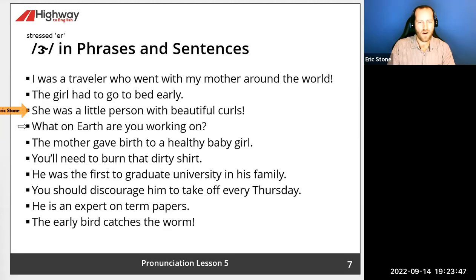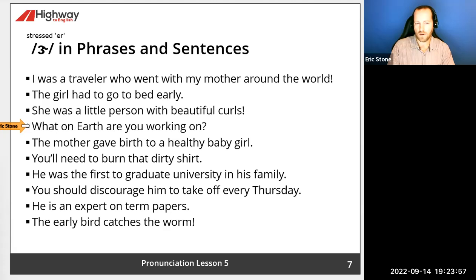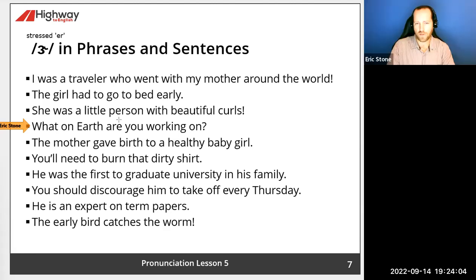Good. What on earth are you working on? What on earth you're working on? Try again. What on earth you are working on? After earth, it's are you. Try again. Okay.